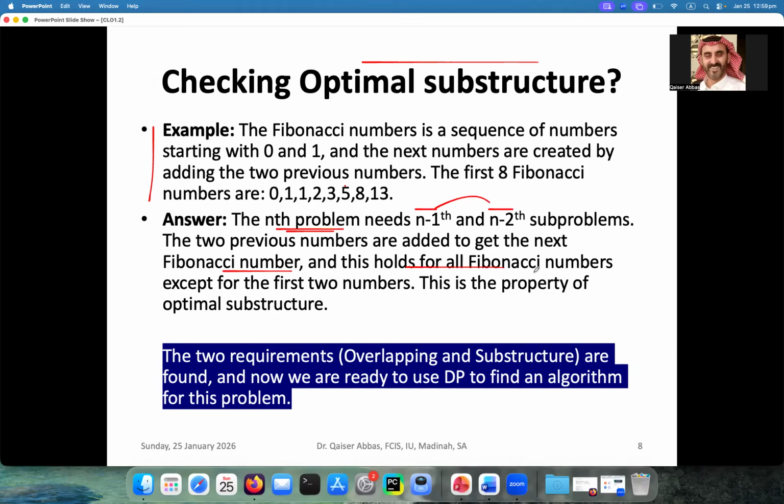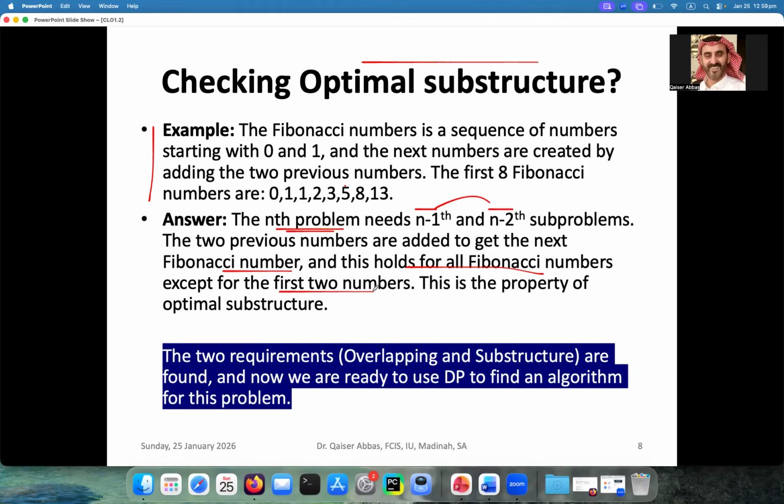And this is true for all the Fibonacci numbers, except the first two. We already said this statement in the previous discussion. When you are getting the next numbers from the previous two, every number you can get from the previous two, which means that every number is divided into parts.